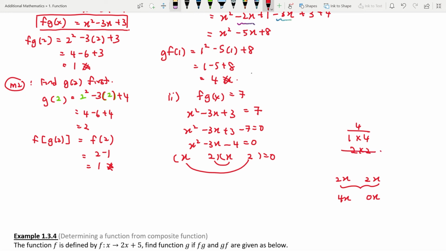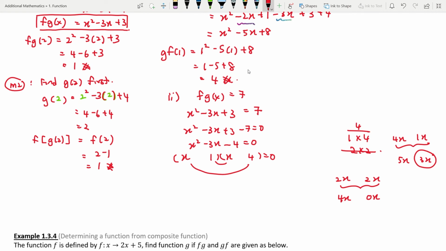So let's try 1 and 4. Here we have 4x, 1x. If we add them, we will get 5x. If we minus them, we'll get 3x. This is the combination we want. We need to get a negative 3.